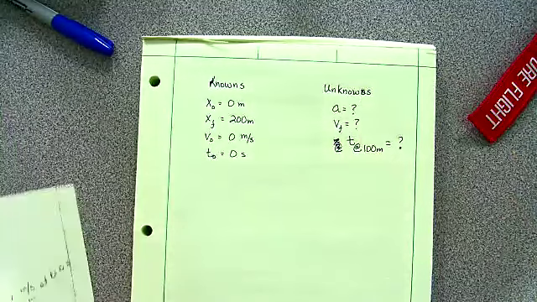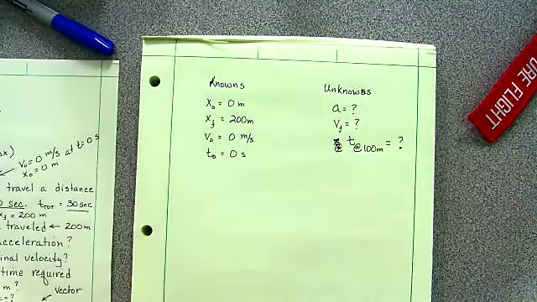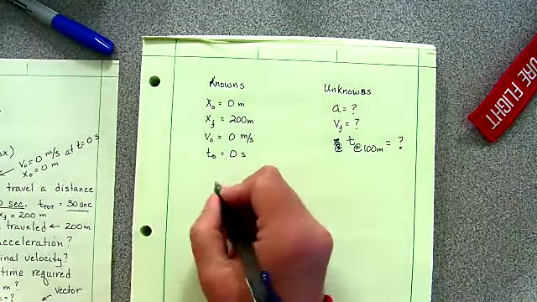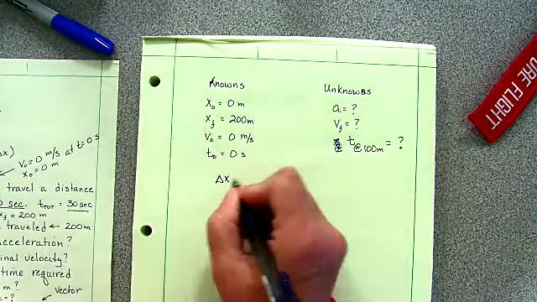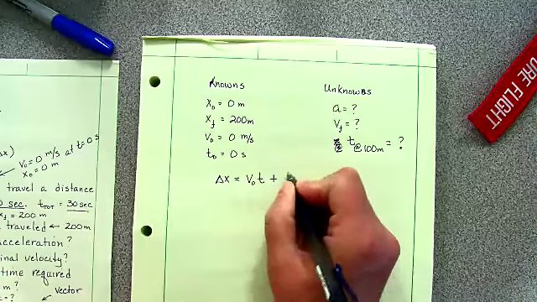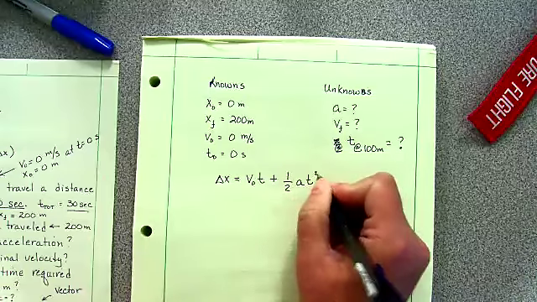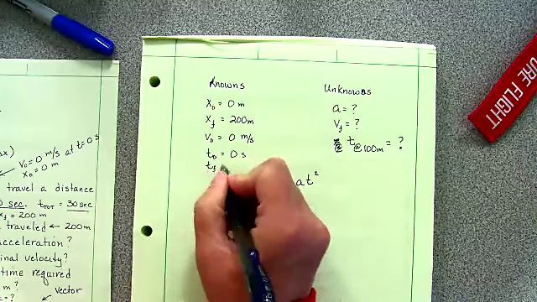So you can go back and get the things that you know and you don't know. I can do a change in position is equal to an initial velocity times time plus 1/2 my acceleration times time squared. Oh, we do know our final time.